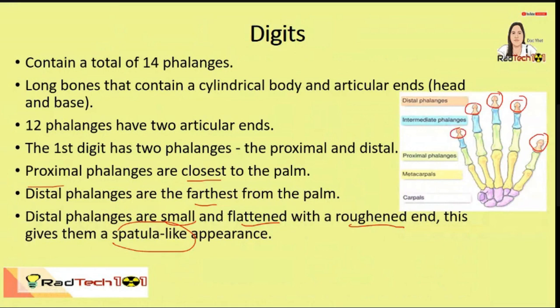So they are roughened and flat siya. If you can check your digits now, your distal phalanges, they are like flat, rough ends. And if the bones are examined, they look like a spatula.